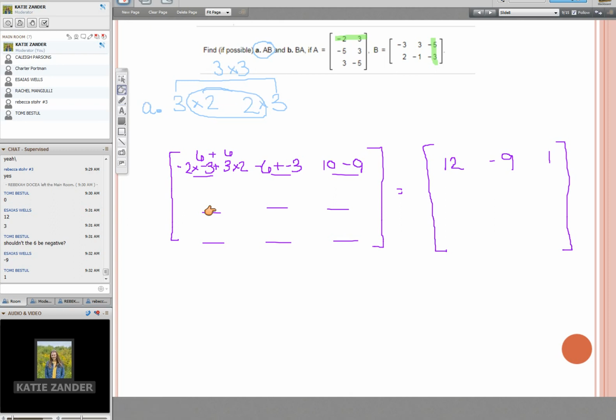Then let's go ahead and we're finding row 2, column 1. So I'm going to just change the highlighting over here. We'll have a 15 plus 6. Does that look right? And just for time's sake, I'm going to speed up a little bit. Because I'm speeding up, definitely watch for errors with my signs here.